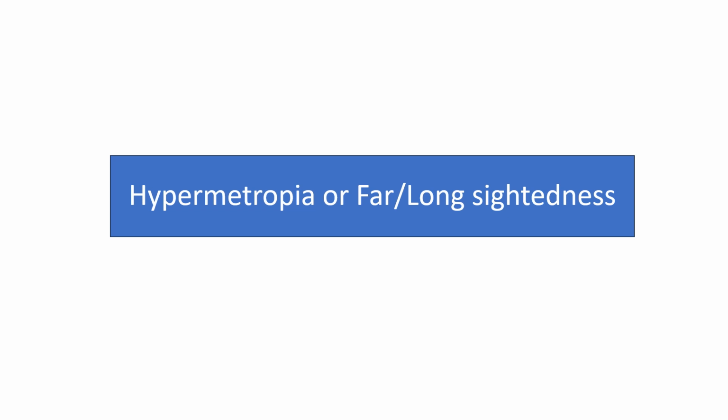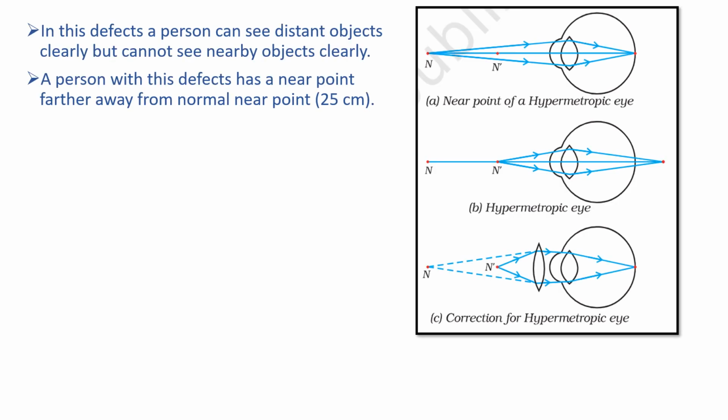Now, next we'll start with hypermetropia. Mostly, when we are talking about myopia, generally myopia occurs in young age people, correct? In myopia, the person cannot see distant objects clearly, but they can see nearer objects clearly.